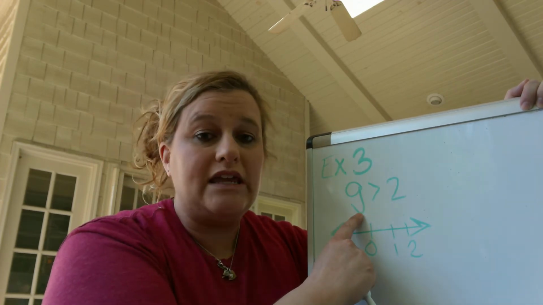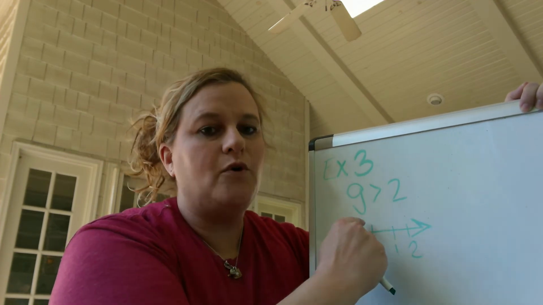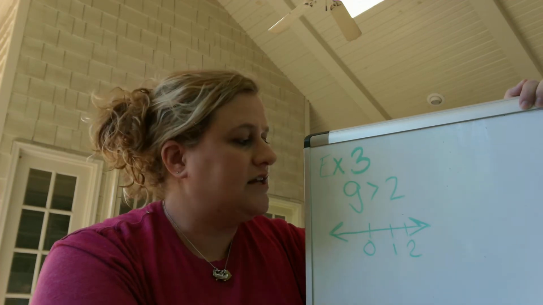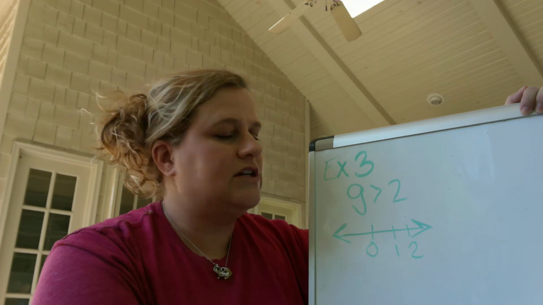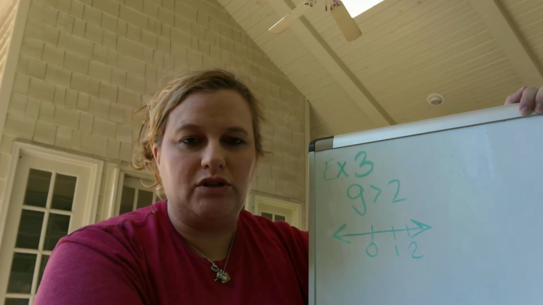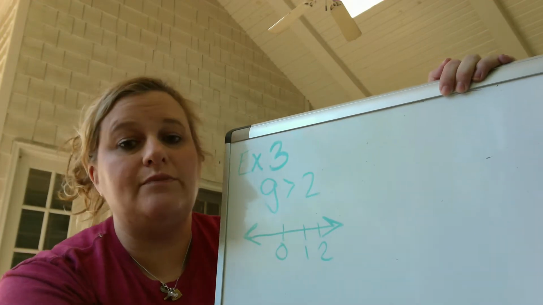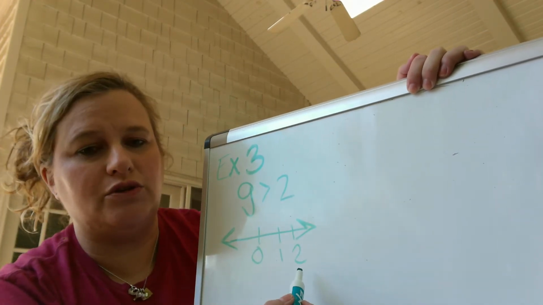If it were 3, 3 is greater than 2, that's true, you would say yes. 4, you would say yes. So we have all these options. Any number greater than 2 is a possible solution. So this is how you're going to show this on your number line. To graph this on your number line, you're very simply going to go to 2.